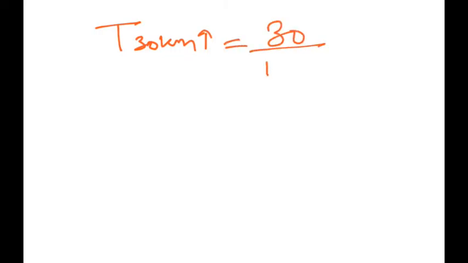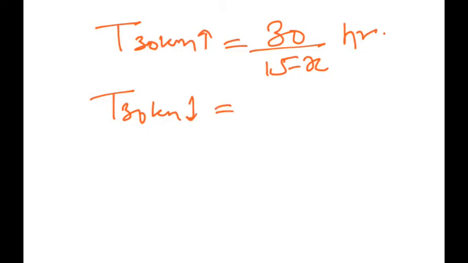So the time taken by the boat to go 30 km upstream would be 30 by 15 minus x hours, right? And the time taken by the boat to return 30 km downstream would be 30 by 15 plus x hours, right?